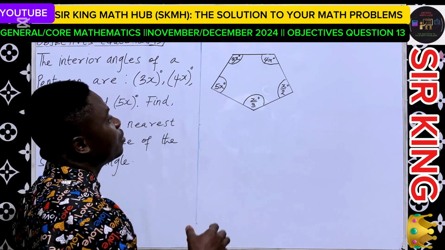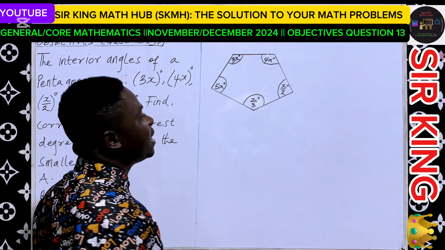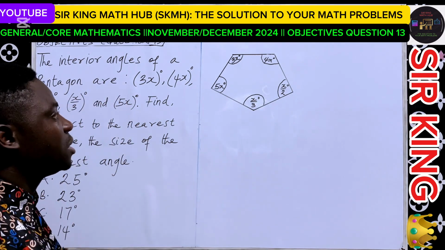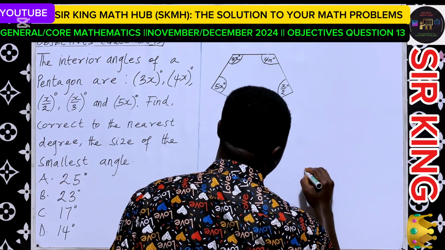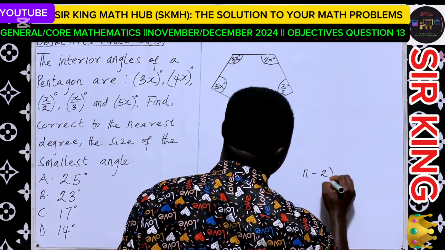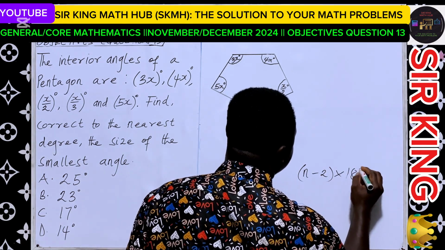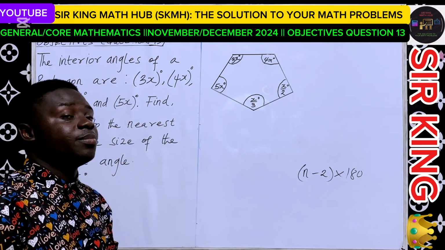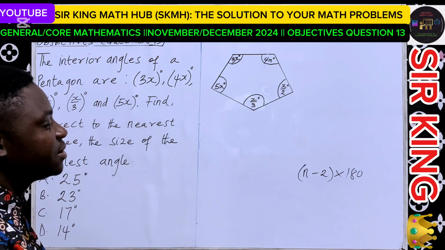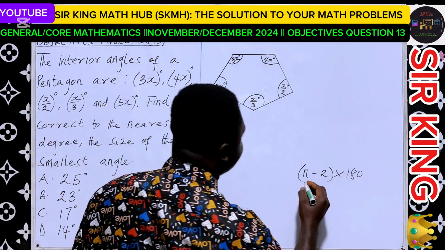So now, what is the sum of the interior angles of a polygon? We know this formula: n minus 2 multiplied by 180, where n refers to the number of sides. Since it is a pentagon, it has 5 sides, so n is 5.